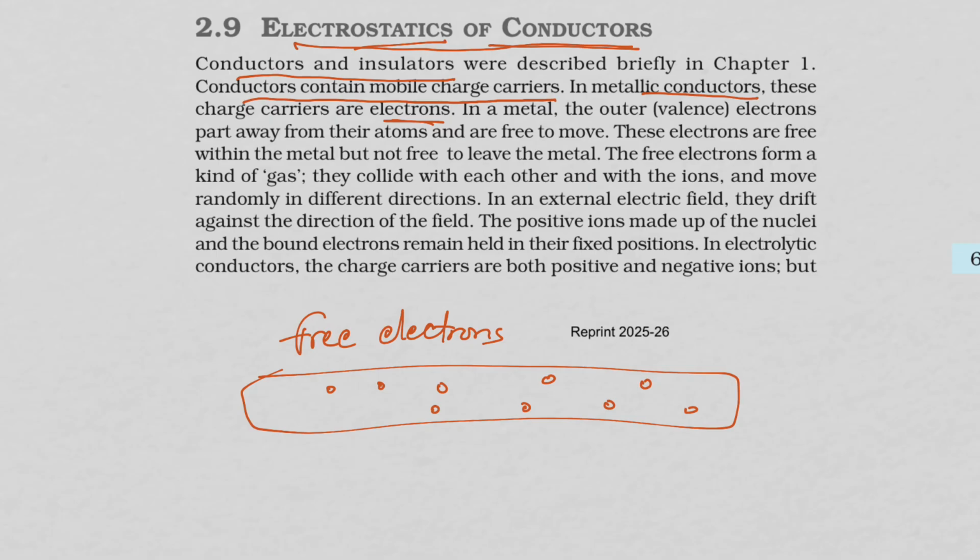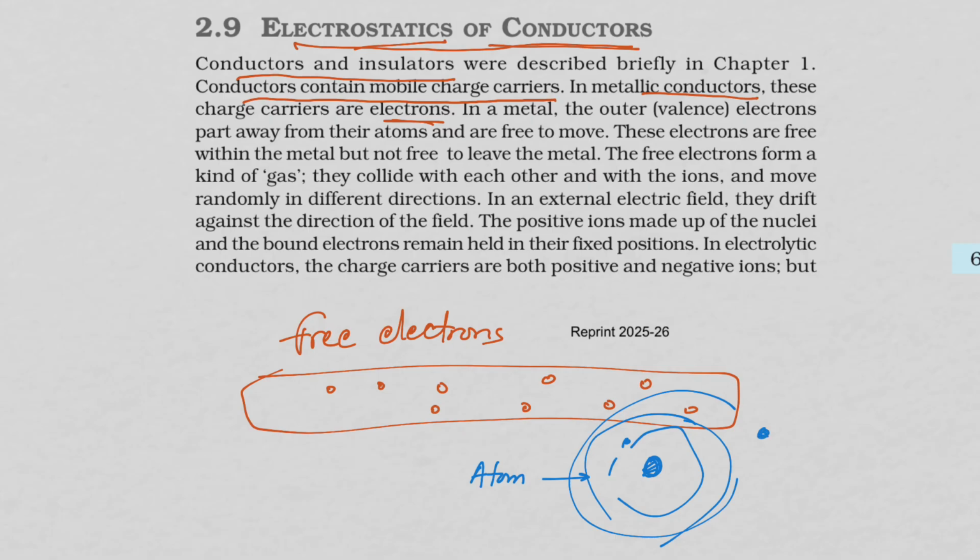Actually, electrons are attached to atoms. We know that inside the atom the nucleus is there, and electrons are attached to this nucleus, and there are many orbits. So let's think about the electrons in the outermost orbit, which are not that strongly attached to the nucleus, because the force between the nucleus and the electron is inversely proportional to the square of the distance, right?